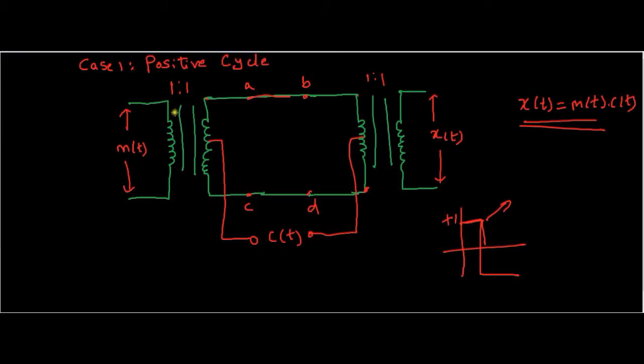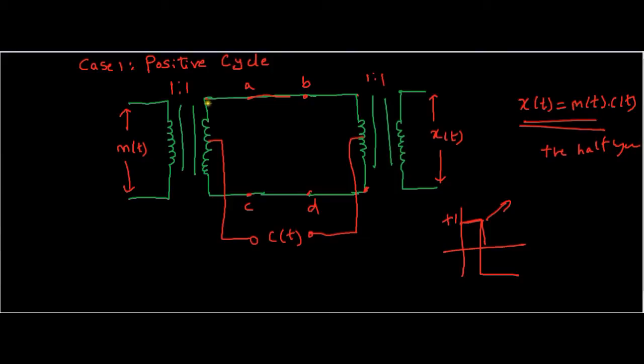Since the turns ratio is 1:1, you can imagine the message signal getting multiplied by the carrier wave. Since the carrier wave is in the positive half cycle, we multiply the message signal by c(t), that is +1. So we get the output x(t) equal to m(t) into c(t), during the positive half cycle.